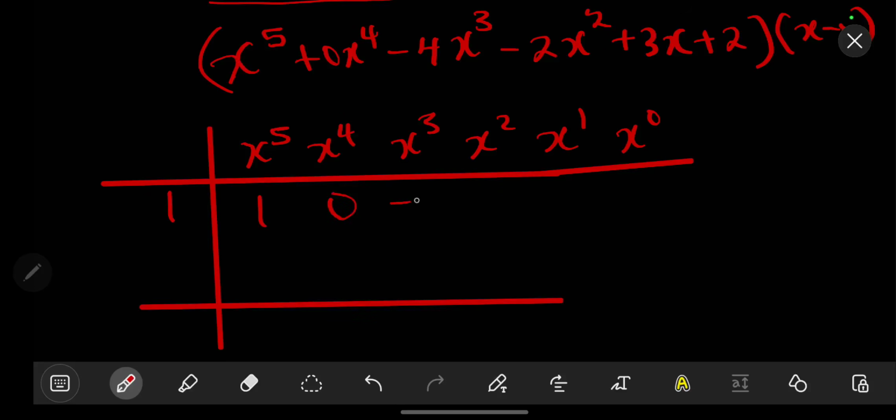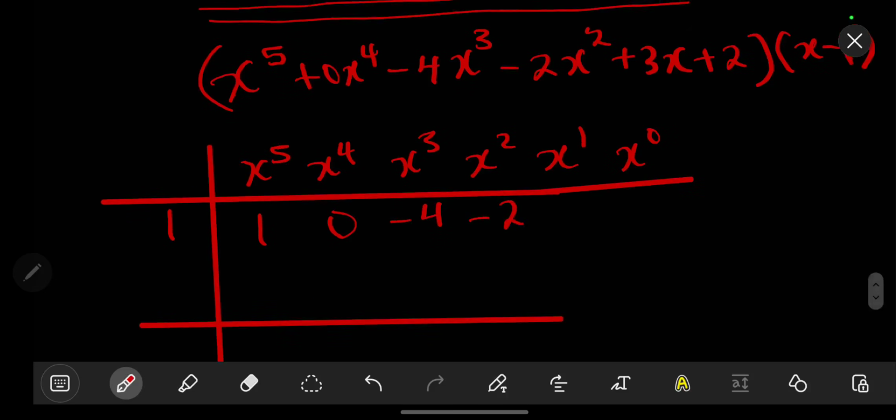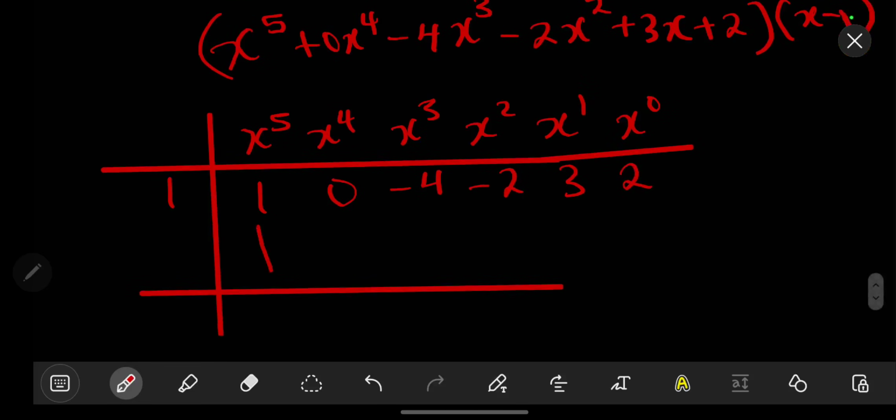Here we have a 0, here we have a negative 4, here we have a negative 2, then here we have a positive 3, then we have a 2 at the end. We are going to drop the 1. Here we multiply, here we add. 1 times 1 will be 1. Then 0 plus 1 will be 1. Then we multiply 1 times 1, it will give us 1. Then our negative 4 plus a 1 will give us a negative 3, like that.